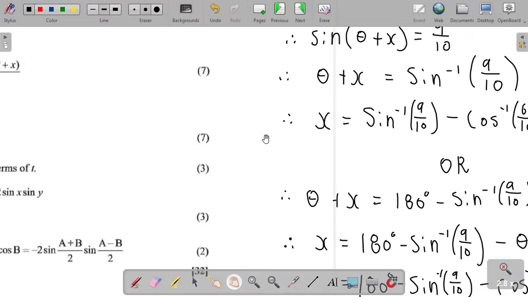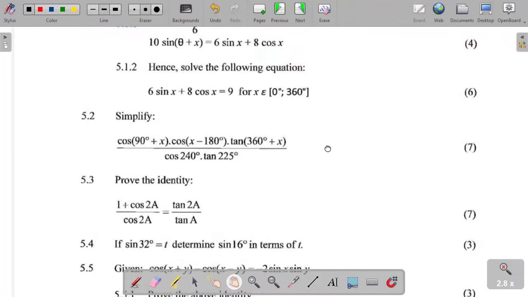So we've done it here, and then let's go to 5.2.